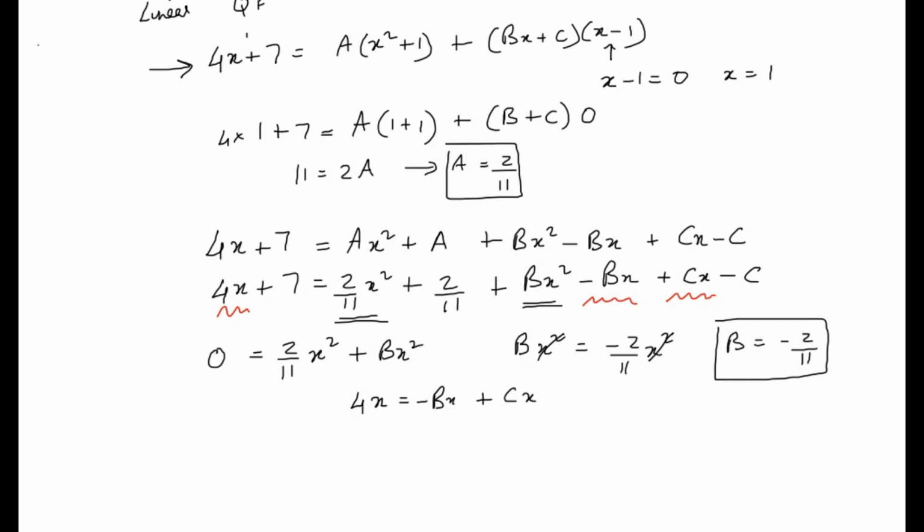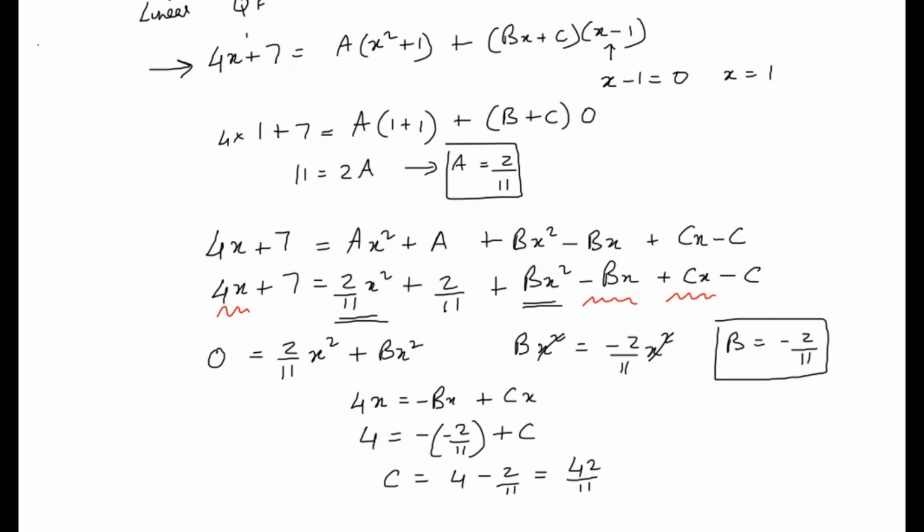All the x's cancel out. So 4 is equal to negative b, which is negative of negative 2 by 11, plus c. So c is equal to 4 minus 2 by 11. 44 minus 2 is 42. So 42 by 11 is c.